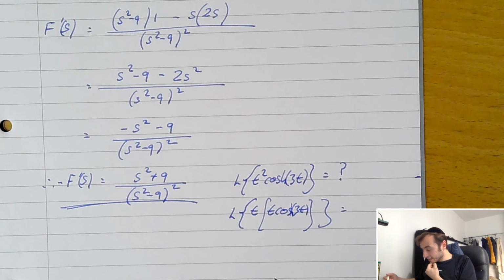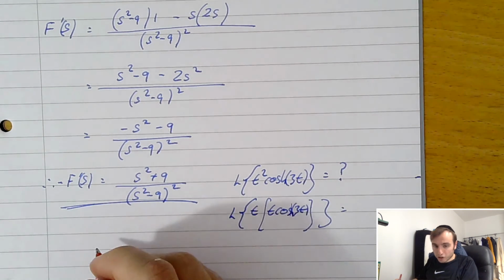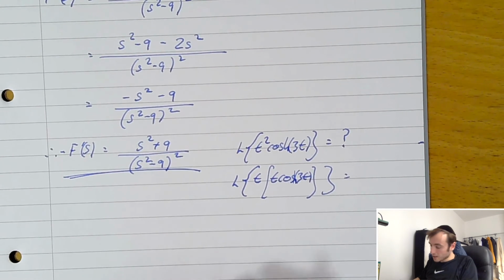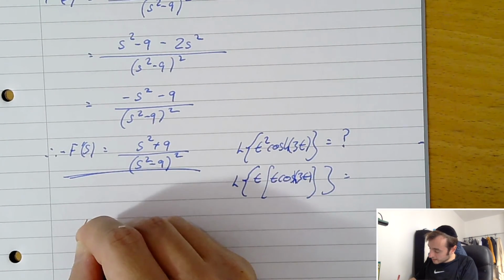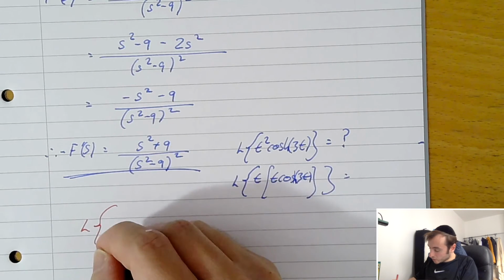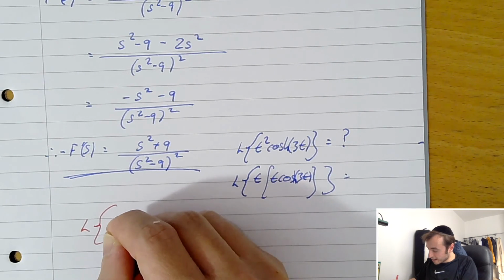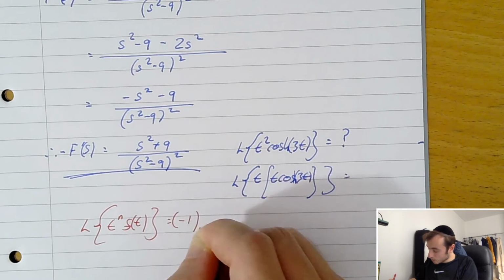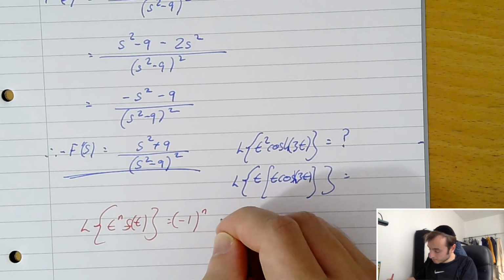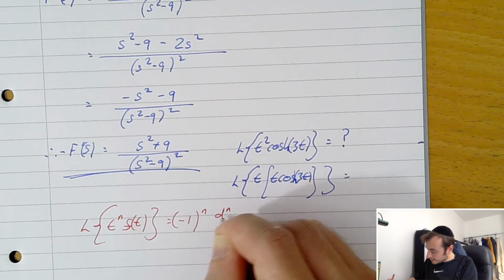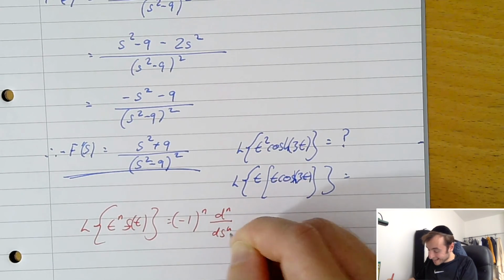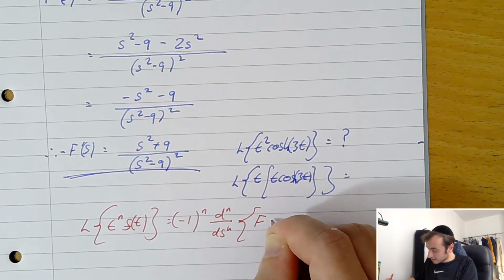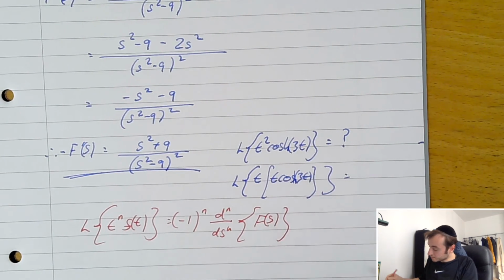And then if you do it again, you can get t cubed times the function. So what you end up with is a generic form of the second theorem, which looks like this. The Laplace transform of t to the power of n, f of t, equals minus 1 to the power of n, d^n by ds^n of f of s.